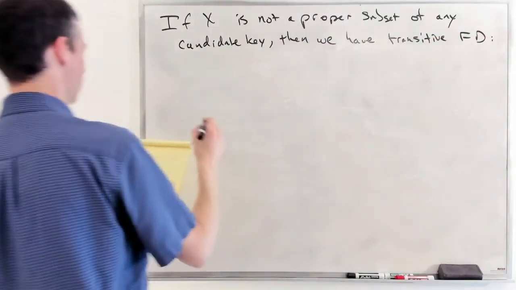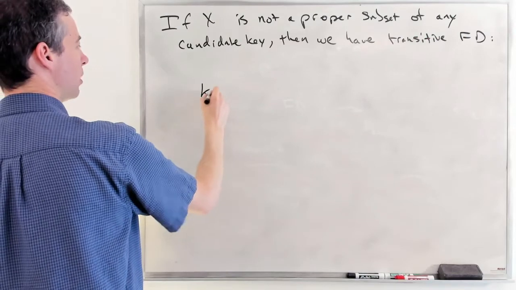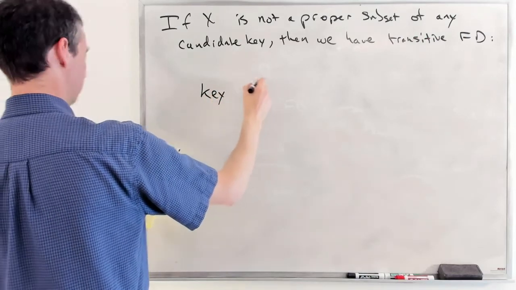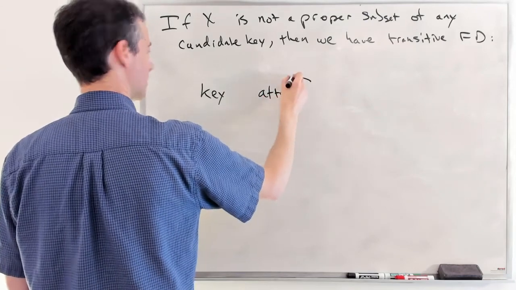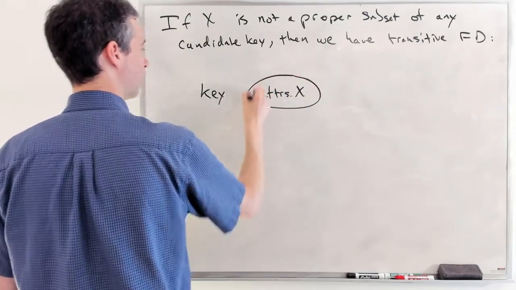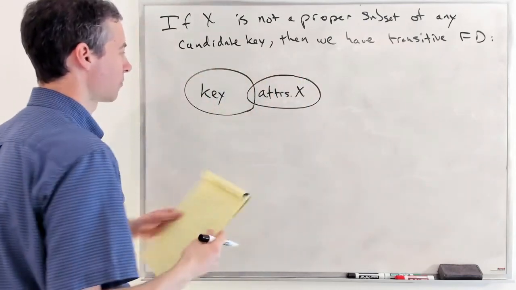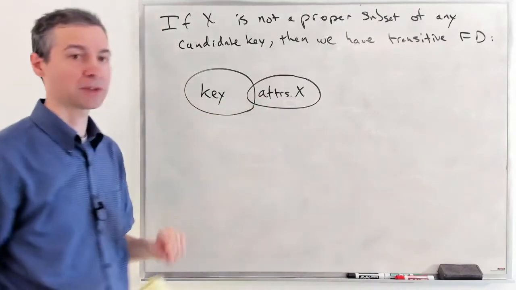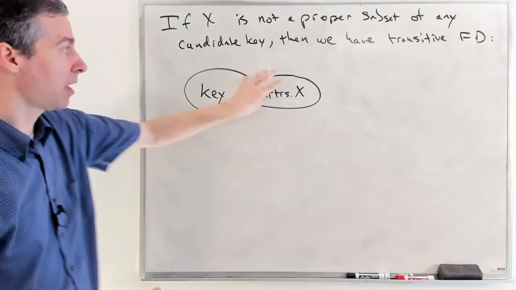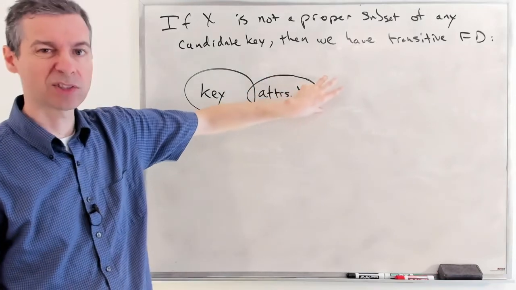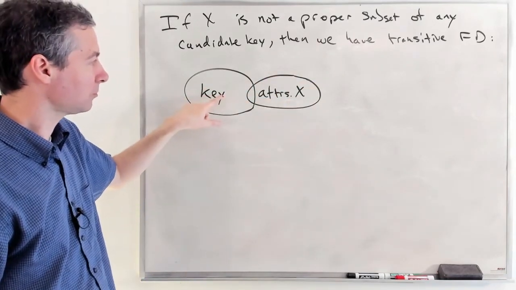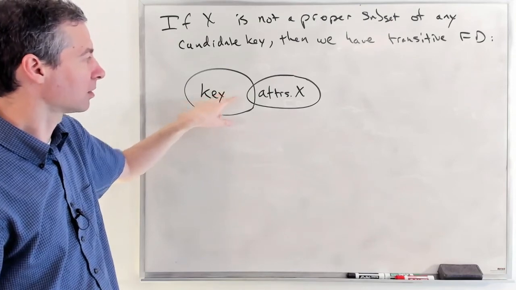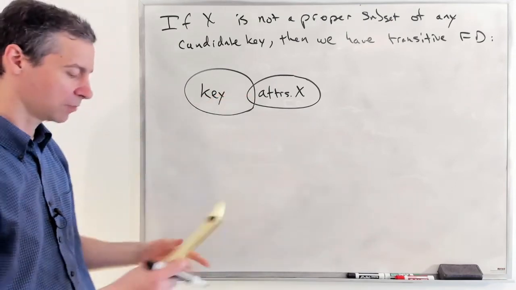All right, so you can have some key, and you have the attributes which determine what X are, and they could overlap with the key, but X is not a proper subset. X, by the way, can even be out on its own. It doesn't have to be overlapping with the key.